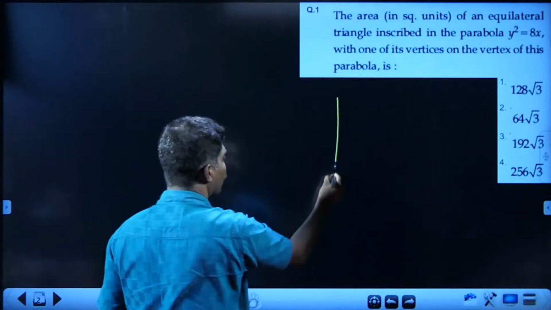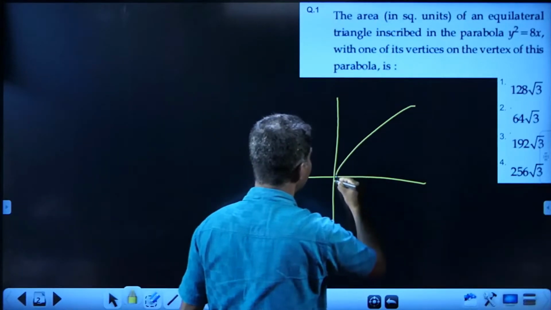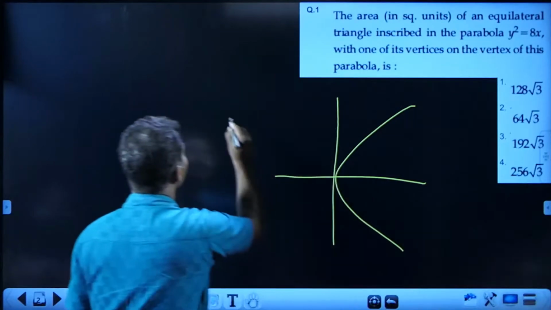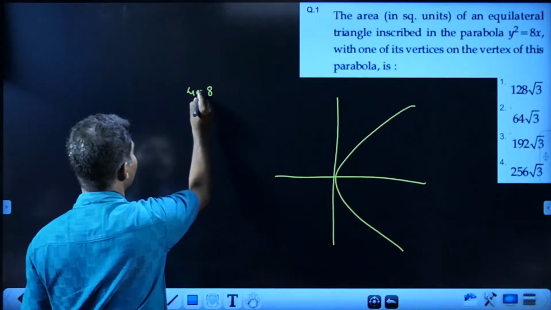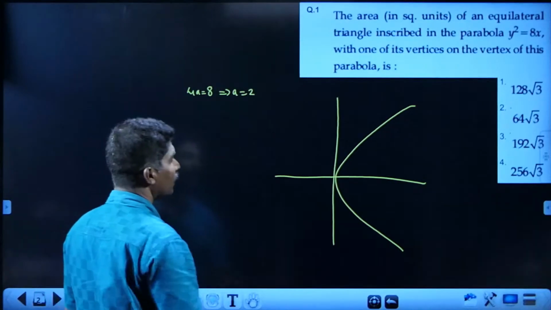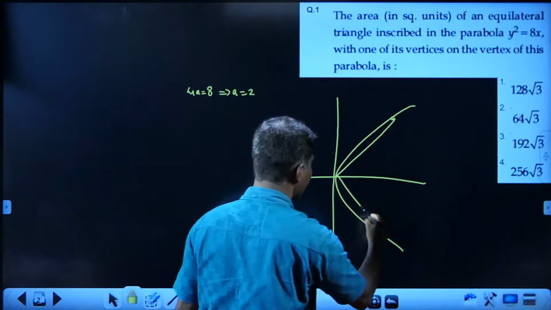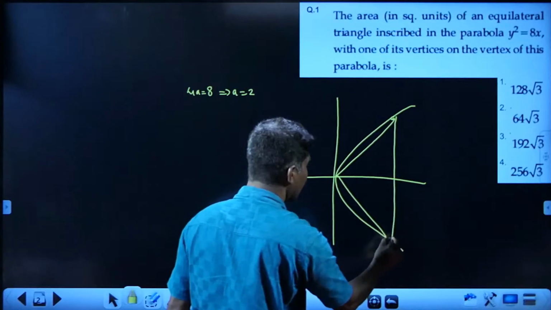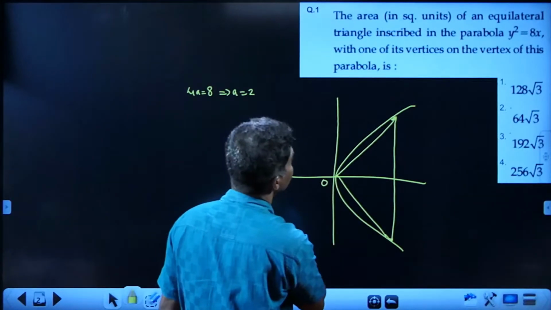just to draw the figure first. This is a parabola, y square is equal to 8x. Y square equal to 4a x means 4a is equal to 8, that implies a is equal to 2. And we will use the equilateral triangle, something like this. Suppose that this is the equilateral triangle, this is a vertex.